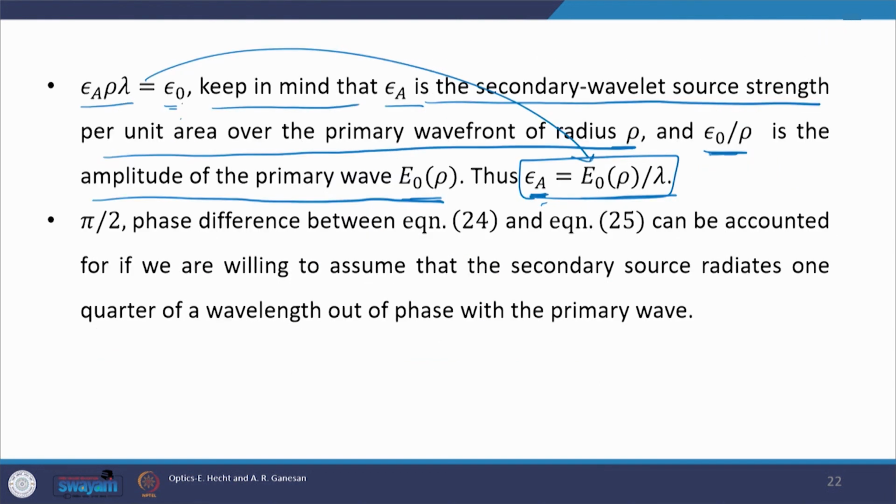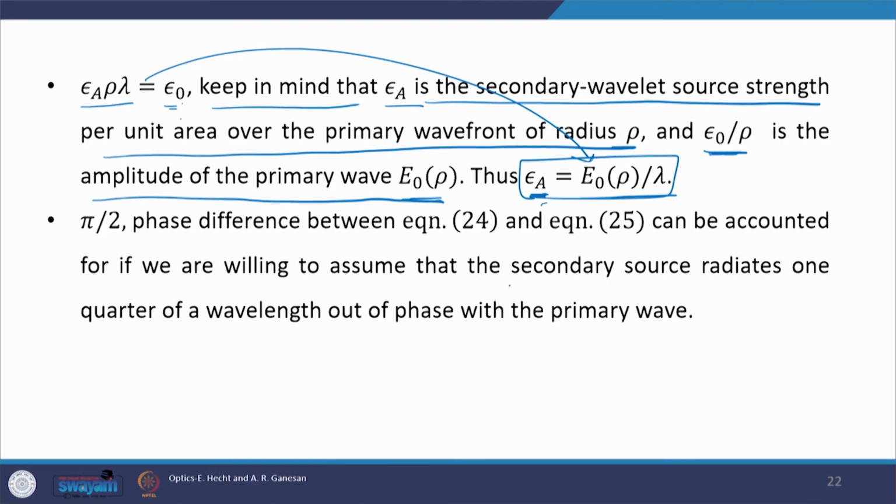Okay. Pi by 2 phase difference therefore is there, and this pi by 2 phase difference between equations 24 and 25 can be accounted for if we are willing to assume that the secondary source radiates 1/4 of a wavelength out of phase with the primary wave.